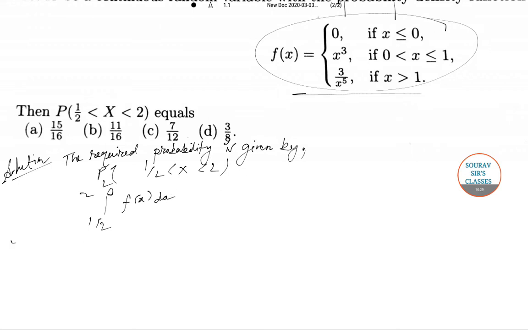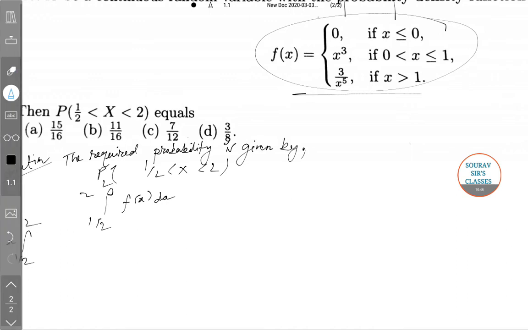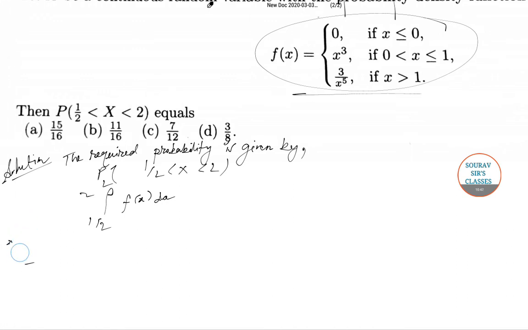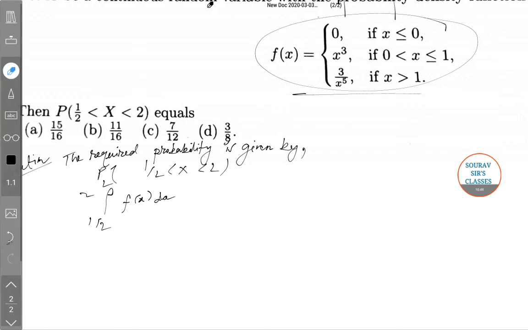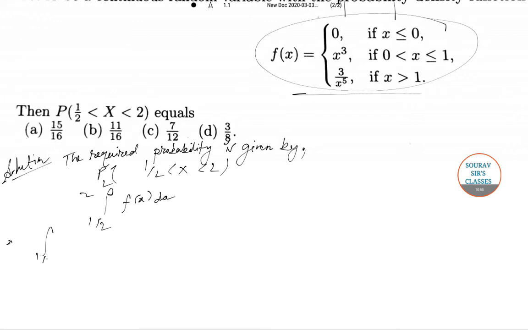Simple. It is a basic concept to get the probability from a given probability density function. That is integration half to 2, we factorize it from half to 1 and 1 to 2 f(x) dx.